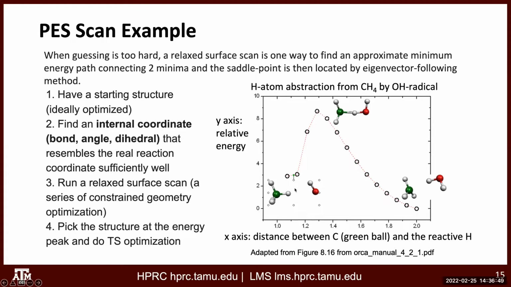So when you start from a more relaxed structure and scan towards the more rigid structure, usually the first part would be pretty smooth, and it would be easier than scanning from the opposite direction.